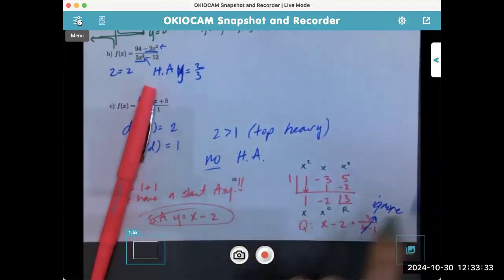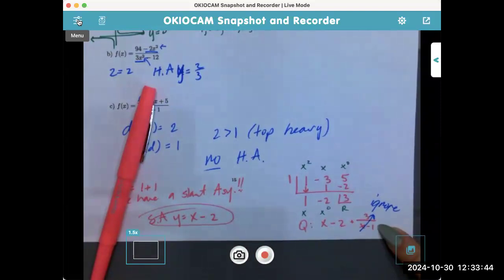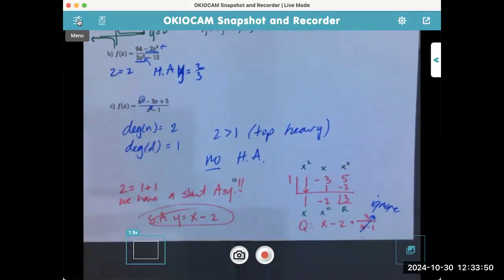Because if I have 3 divided by a trillion, that's so close to 0, that's a trillion minus 1 zeros before you even hit the 3. It's so small that you ignore it. So you're just looking at this slant asymptote right here.